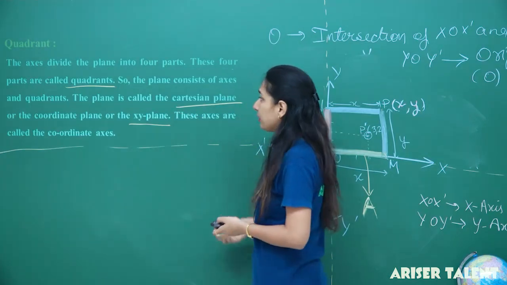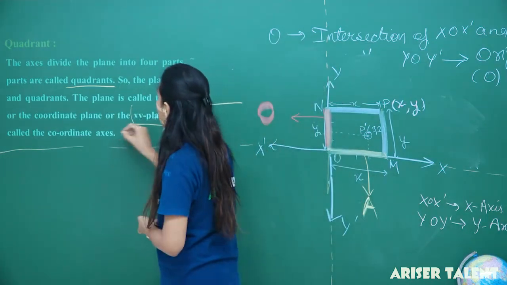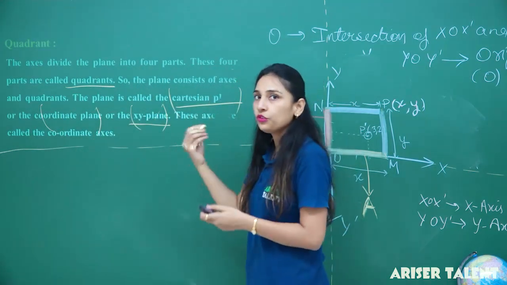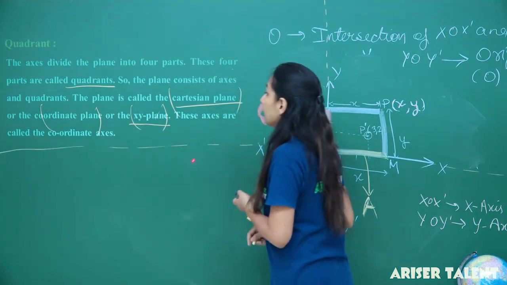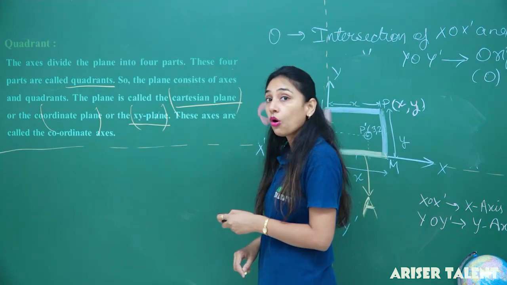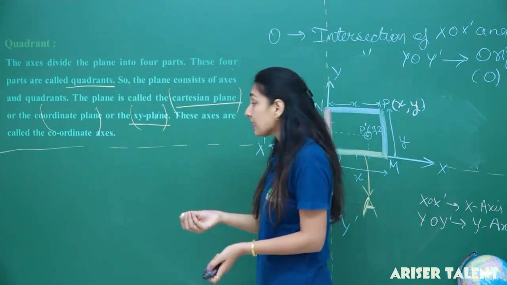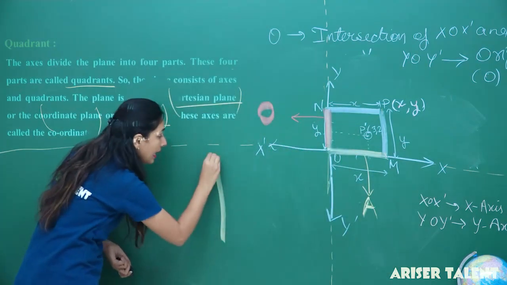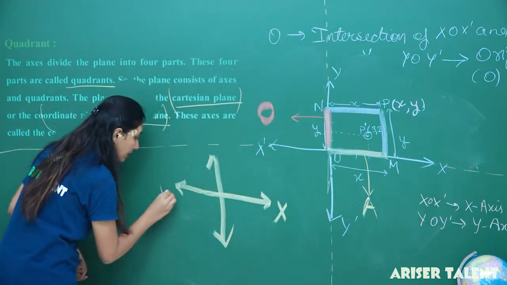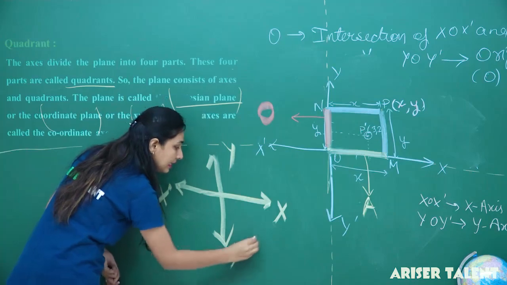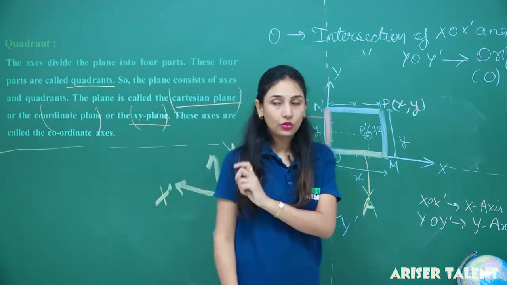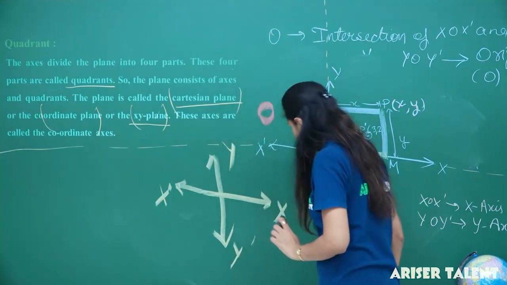So, 3 names: xy plane, coordinate plane and Cartesian plane. Don't confuse with that, these are all the same. These axes, x-axis and y-axis, are called coordinate axes. Understood this?